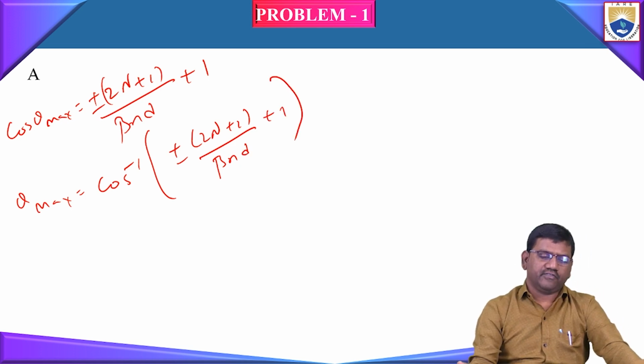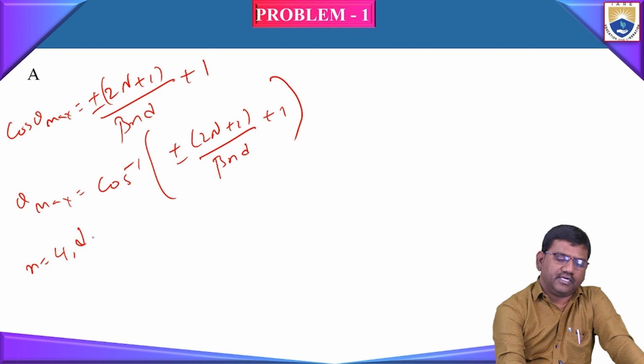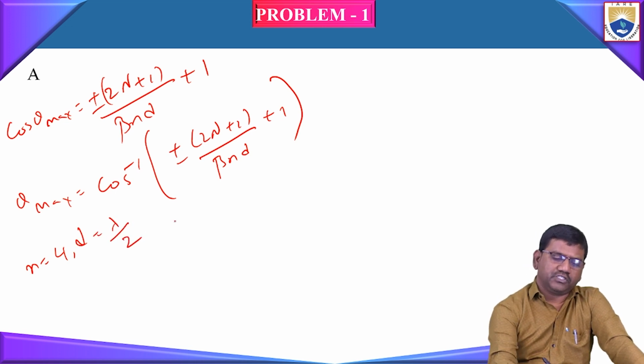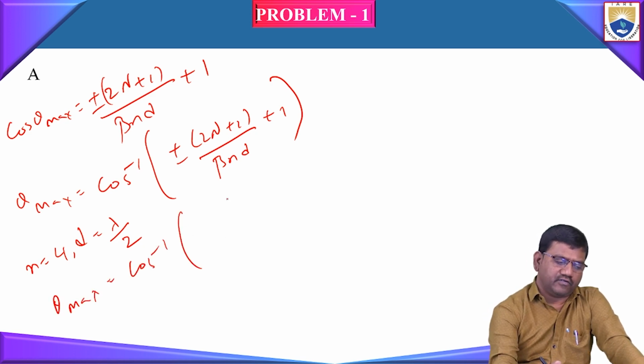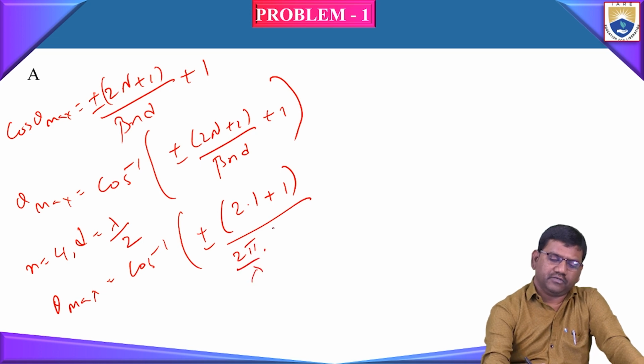So we need to find out for a different case. According to the problem, n is equal to 4, it is given, the number of radiators. And d is equal to λ/2. Now for these two values, we shall find out the value of θ max. So θ max is equal to cos inverse of plus or minus (2 into 1 plus 1)/((2π/λ) into 4 into λ/2) plus 1.